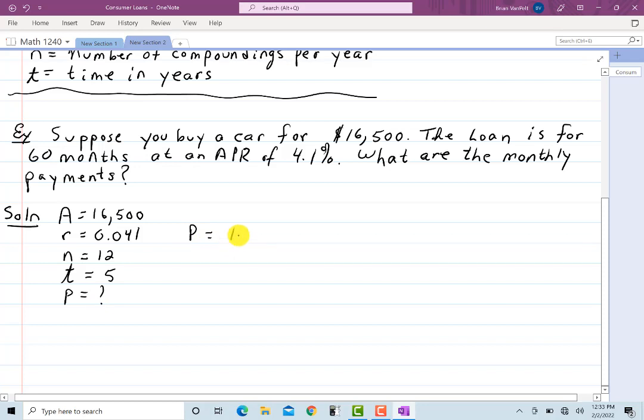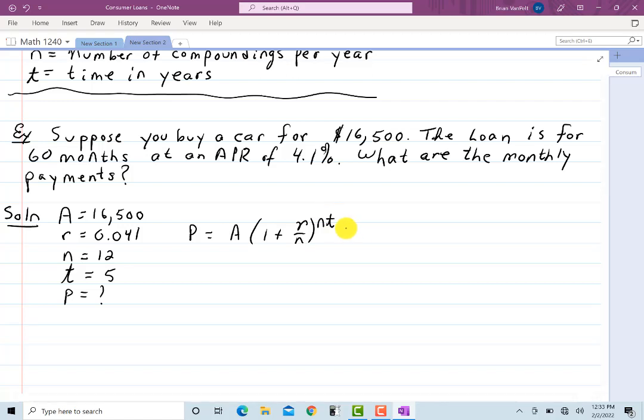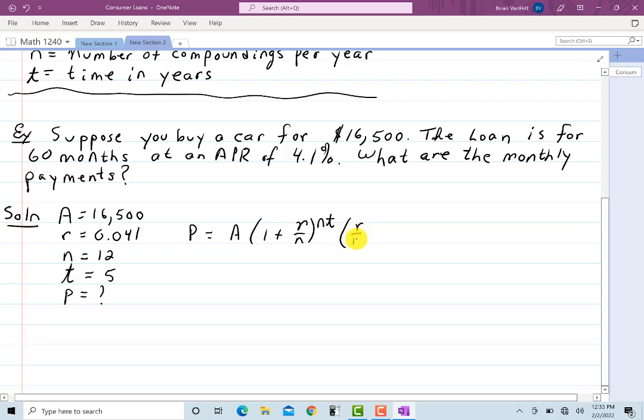P equals A times 1 plus R over N to the NT. Notice that that part is very similar to our compound interest formula. In fact, it's identical to it. And as you should imagine, the compound interest formula is built into this. Here we have 1 plus R over N, that quantity to the NT, and then we have minus 1.